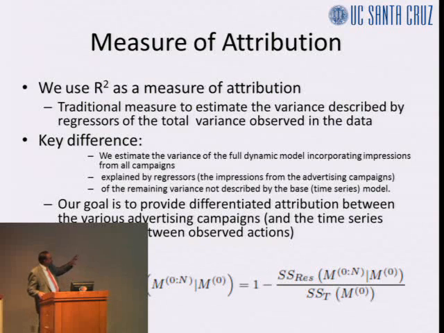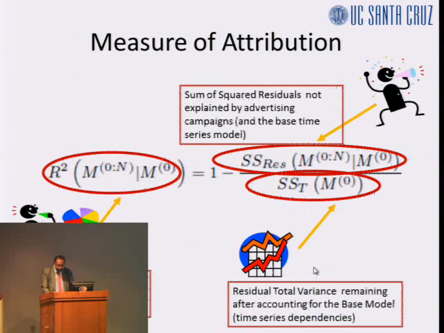The measure of attribution we used is like R squared, but it's different from R squared. R squared is always used to say what is the impact of the independent variable on the dependent variable, right, for attribution purposes.